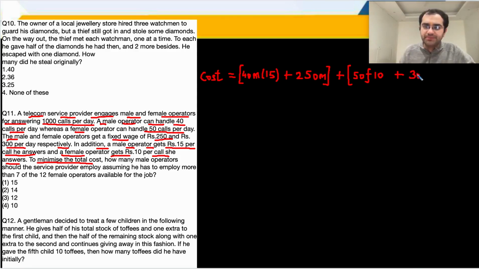So 300 into F for the females. This is our total cost. If you did not understand this, please listen to this again. So you now get 600, 15 into 40, 600 plus 250, 850 M plus 50, 500 F, 300 F is 800 F.